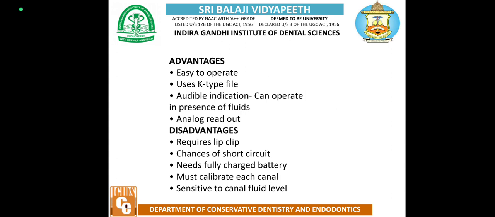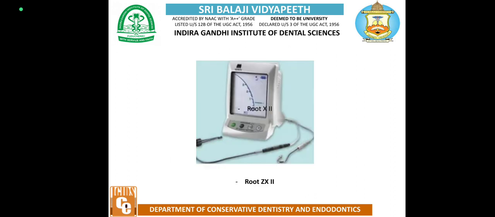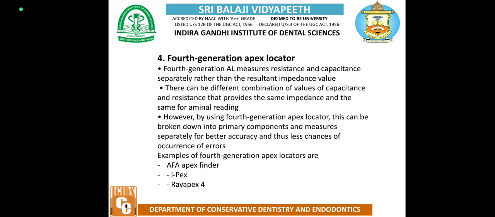Advantages: easy to operate, uses K-type file, audible indication, can operate in presence of fluid, analog readout. Disadvantages: requires lip clip, chances of short circuit, needs fully charged battery, must calibrate each canal, sensitive to canal fluid level.